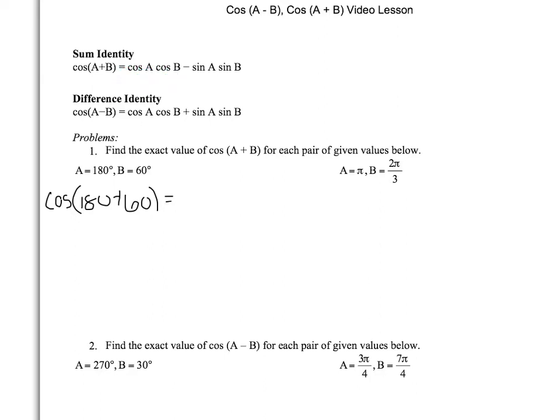Anywhere I see a B, I'm going to replace it with a 60. So it's going to be cos 180 cos 60, minus sine 180 sine 60.